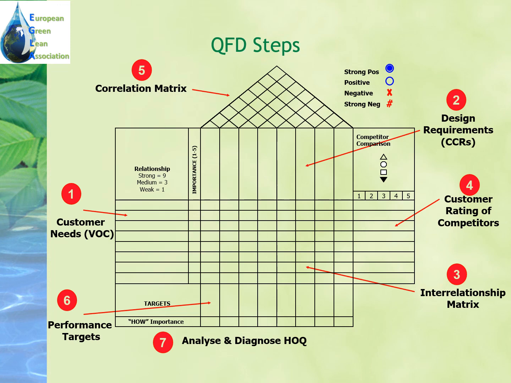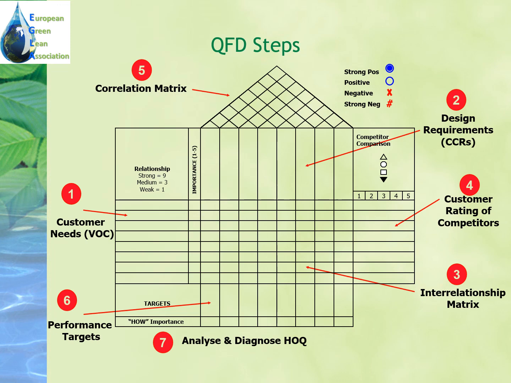Then we check the correlations on the rooftop to see which are the most important at present to focus on. Basically, the fifth step with the correlation matrix is to see where we can actually combine forces to get fast results that are now important for the organization.